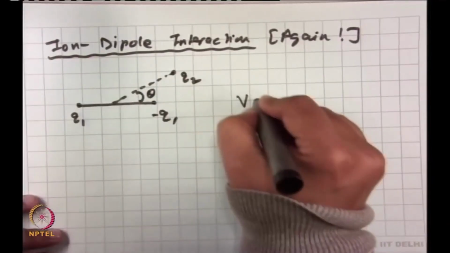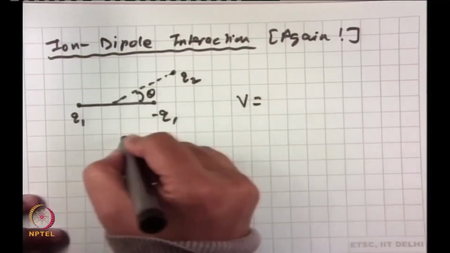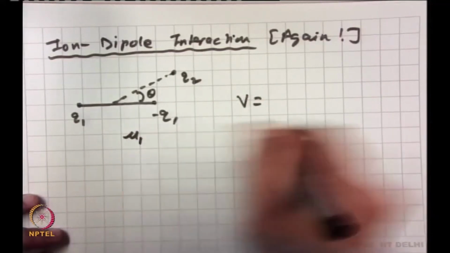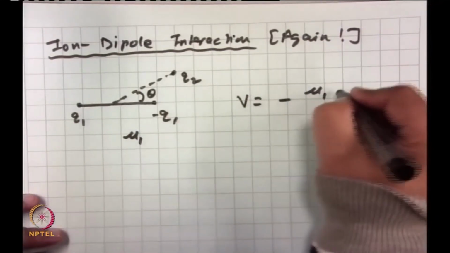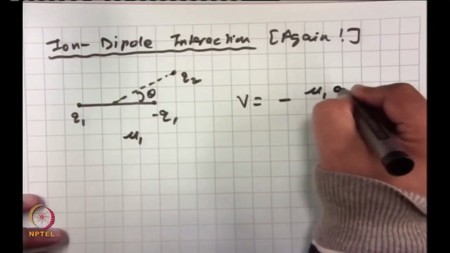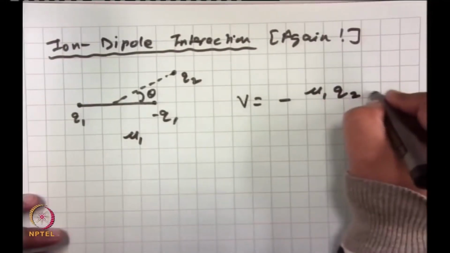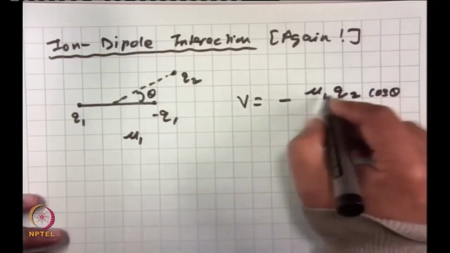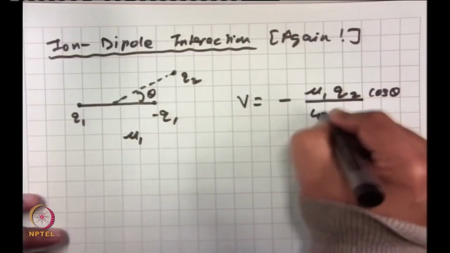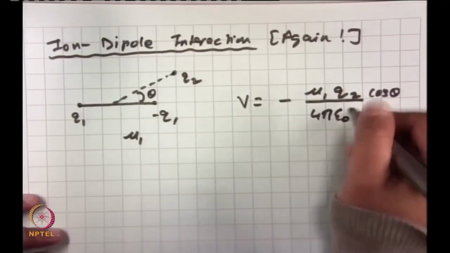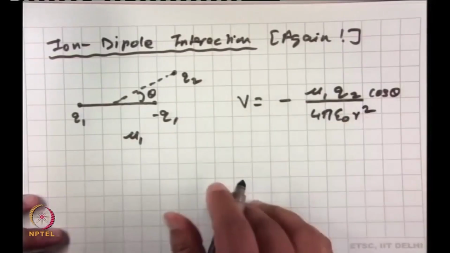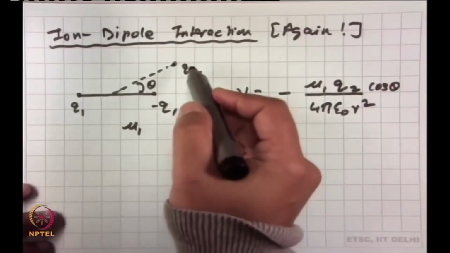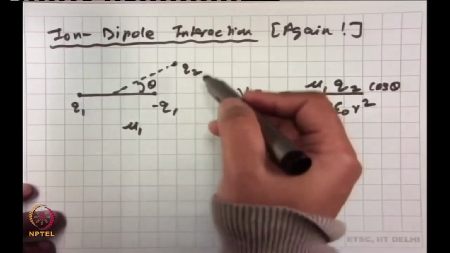Do you remember? If this is a dipole moment of mu1, then it is minus mu1 times q2, then a factor cosine of theta, over 4 pi epsilon 0 r squared, and this is again squared because we are talking about a dipole interacting with an ion or vice versa.